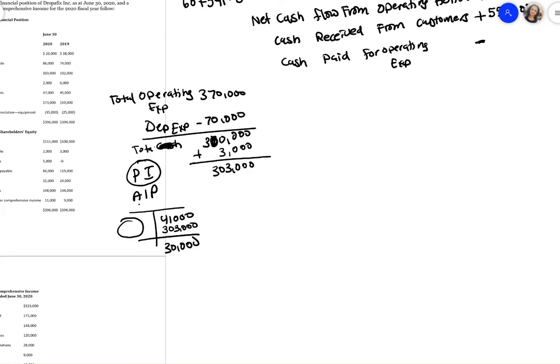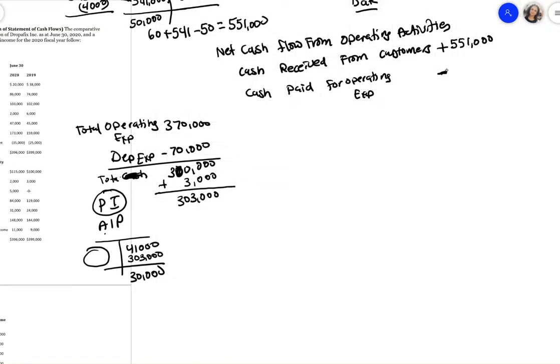We want to know how much we totally paid for these operating expenses. In this case, you take 41 plus the 303 and minus your 30,000, which gives you 314,000. So the cash paid for operating expenses will be 314,000. That's how much we paid for our operating expenses.